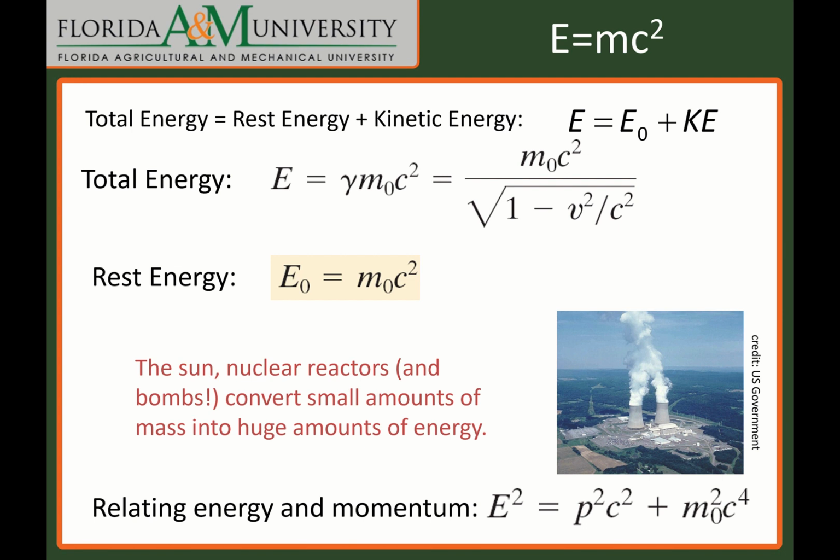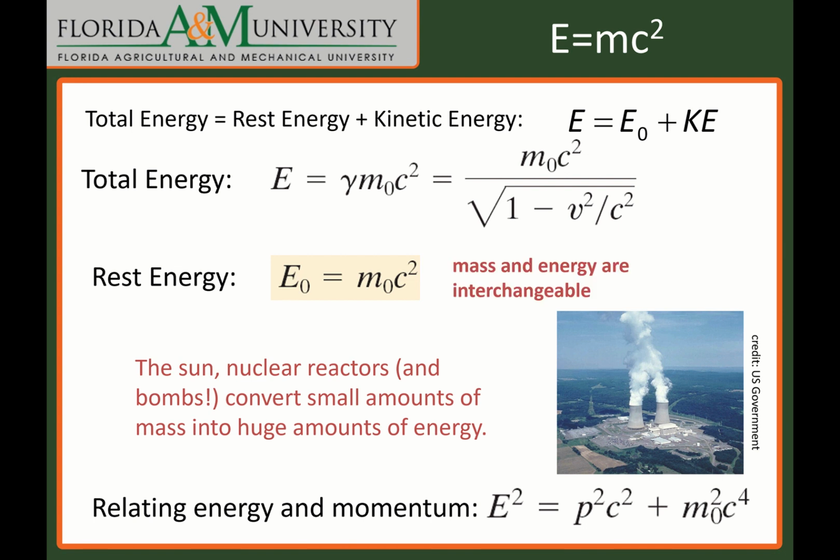If we want to come up with an equation that relates the energy and the momentum to each other, there's also another equation that E squared is equal to p squared c squared plus the rest mass squared times c to the 4th. And we're not going to use that very much, but we'll come back to it in later chapters when we talk about the momentum of light.